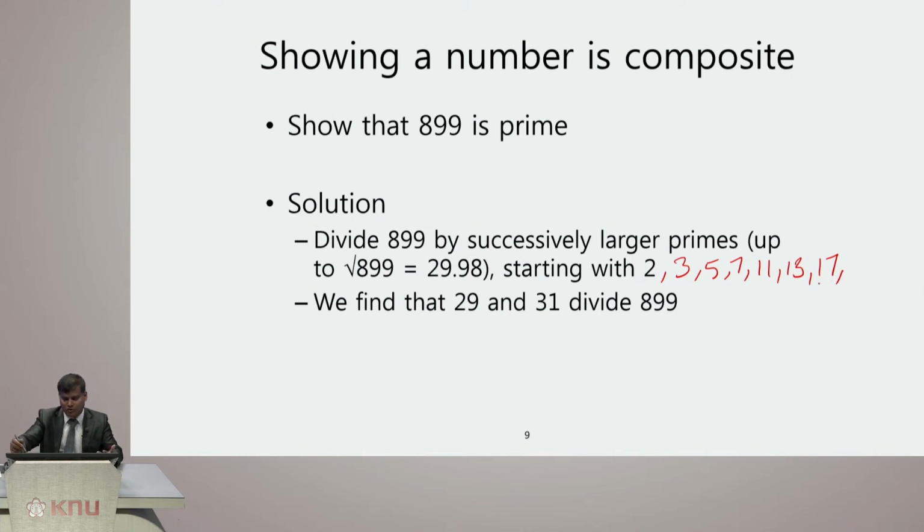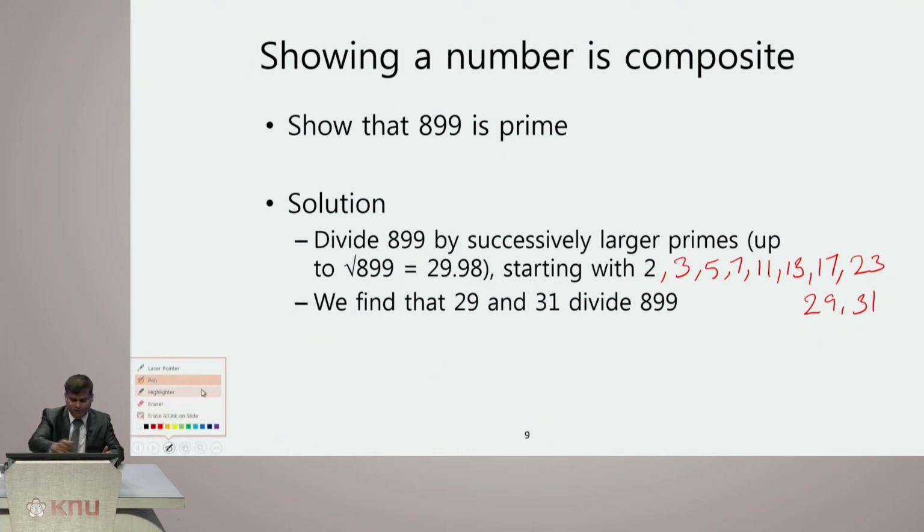When you go on with these numbers, you come to know that 29 is in fact there, and 31 is greater than 29.98, because we have to find those prime numbers which are less than 29.98. That is the idea. And we come to know that 899 can be divided by 29.